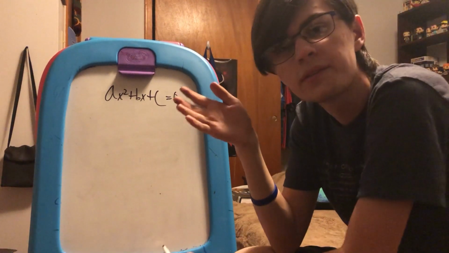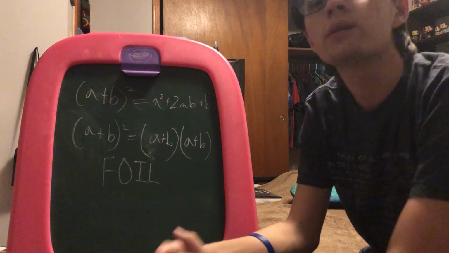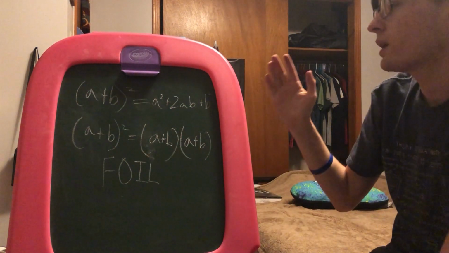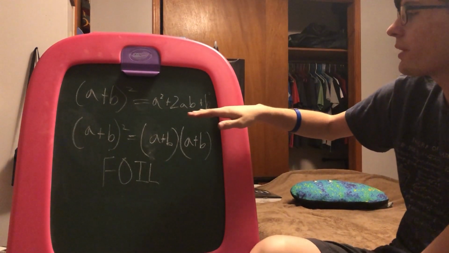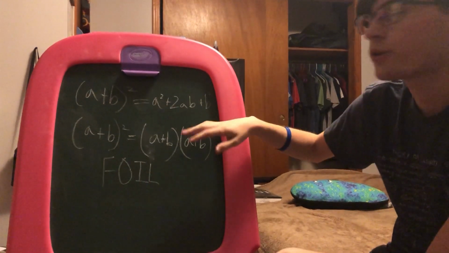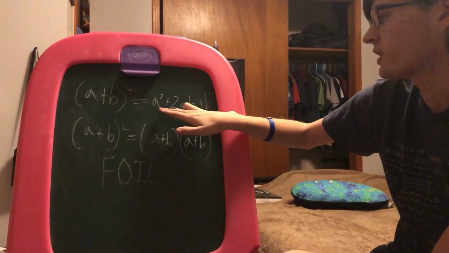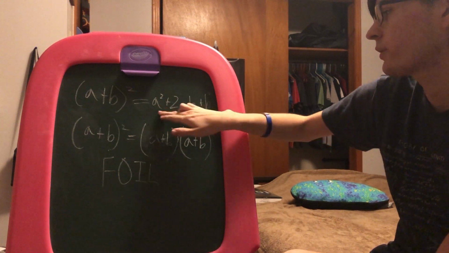So what does completing the square even mean? Completing the square has to do with perfect square trinomials. Now, a trinomial is just an equation with 3 terms in it. Like here, we have the a squared, 2ab, and the b squared. 3 different terms.